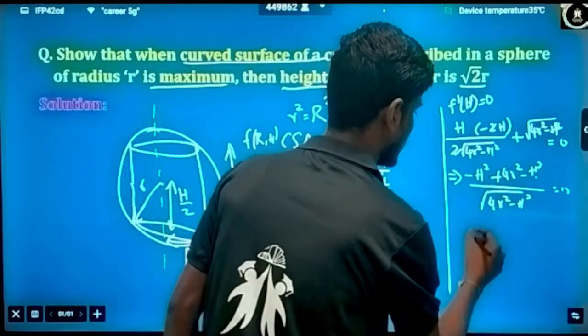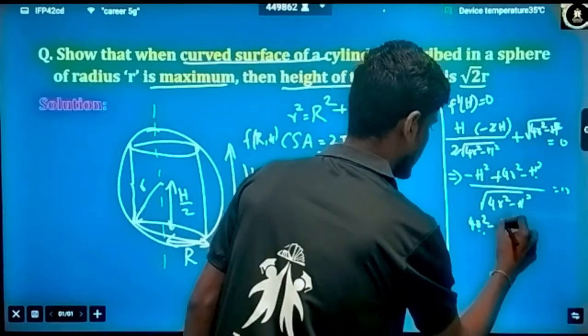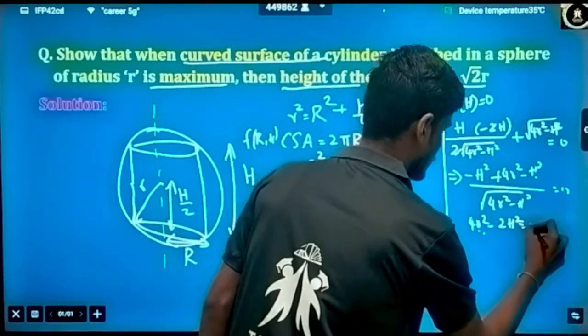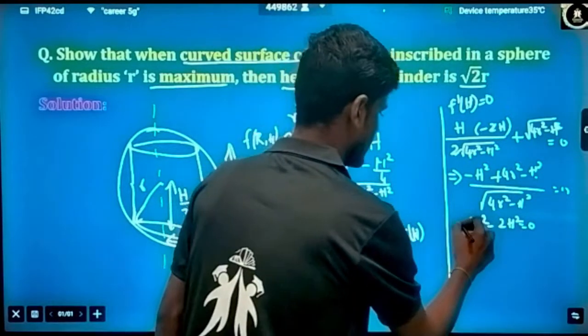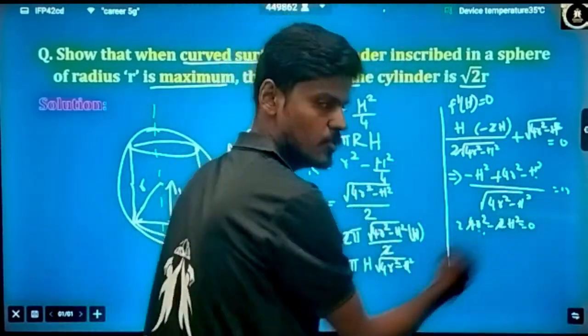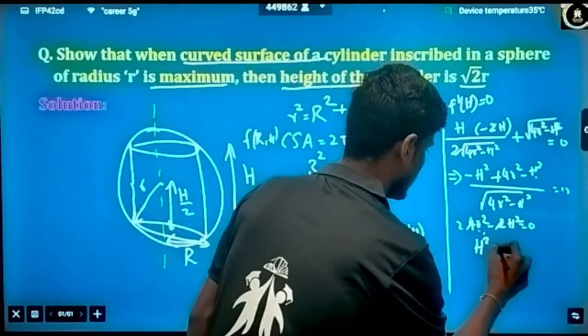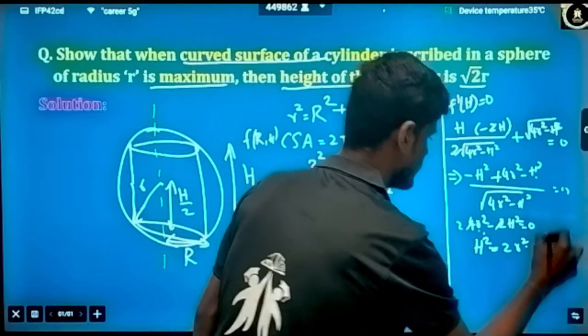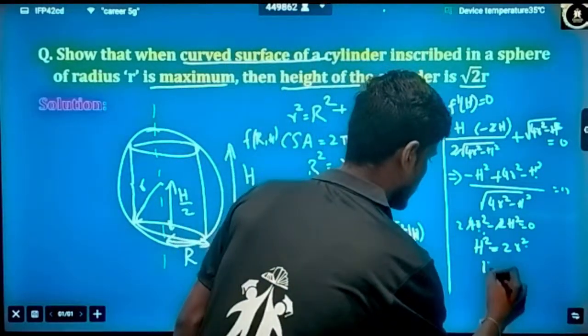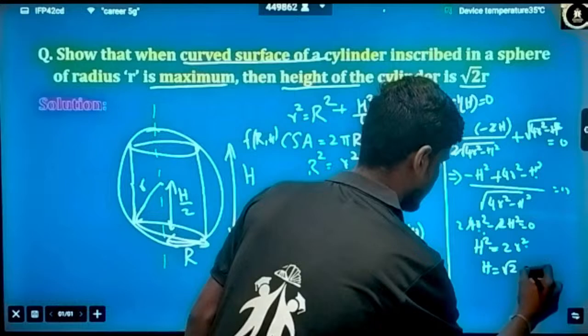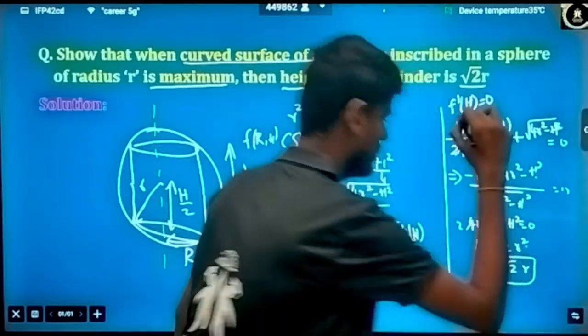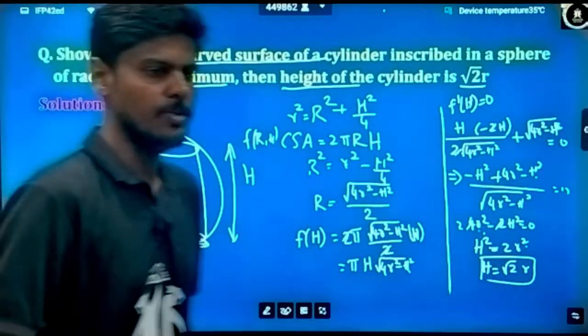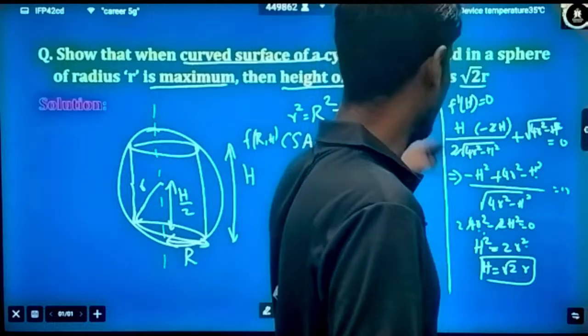That means 4r square minus 2h square equal to 0. Here we can cancel out 2, which means h square is equal to 2r square. H square is equal to 2 times r square, or h will be equal to root 2 r. H is equal to root 2 r. This is what we need to prove.